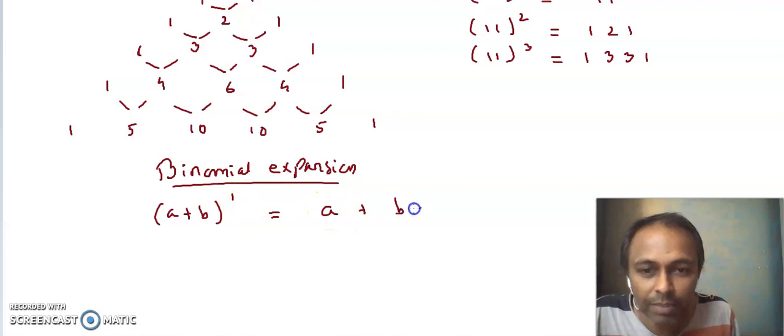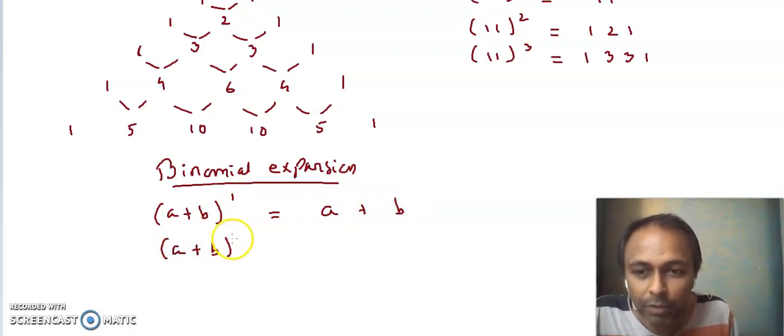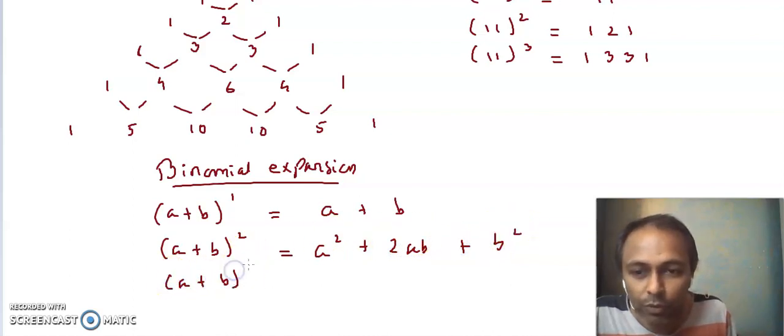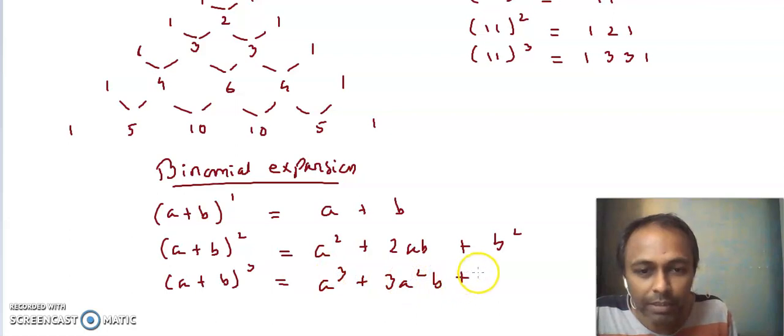The answer will be simply a plus b. If you have (a plus b) whole square, you are taught it is a square plus 2ab plus b square. If it is (a plus b) the whole cube, then it is a cube plus 3a square b plus 3ab square plus b cube.